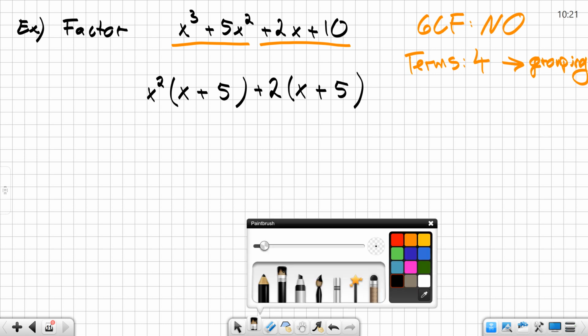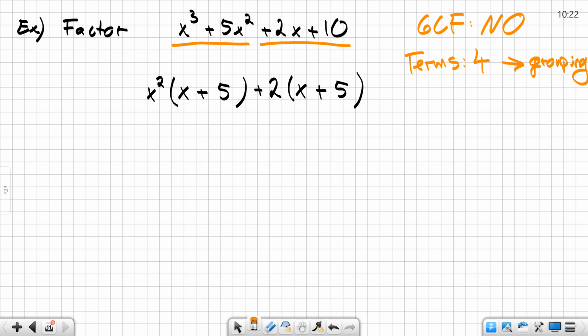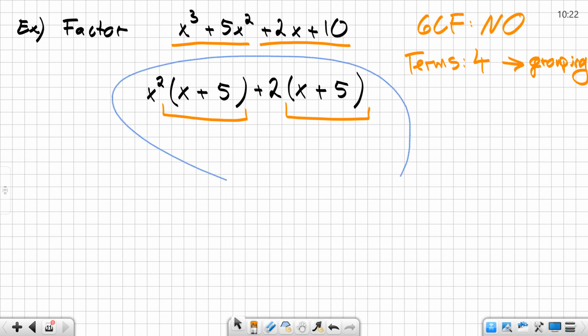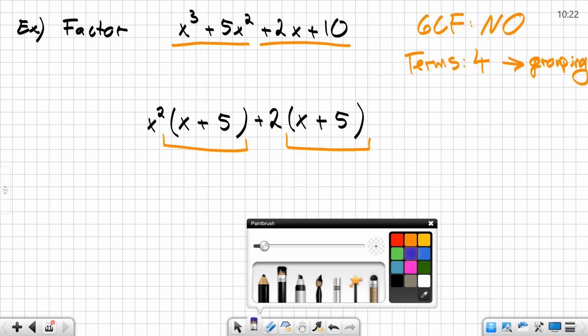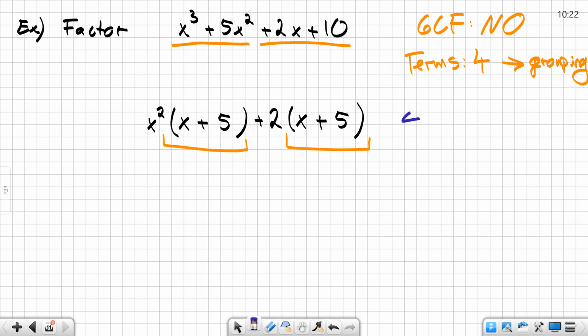And now this is almost like magic. What you have just found is a common factor in both terms. So maybe let's do it like this. I had 4 terms to begin with.